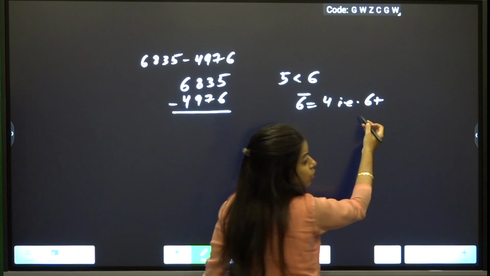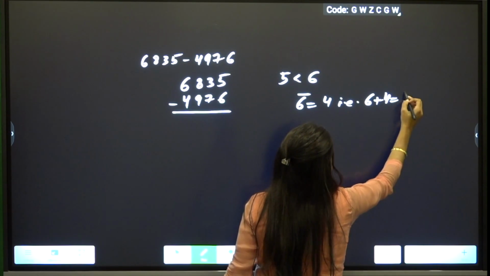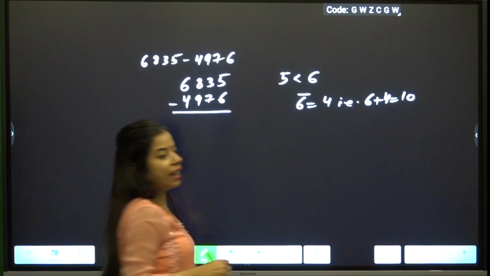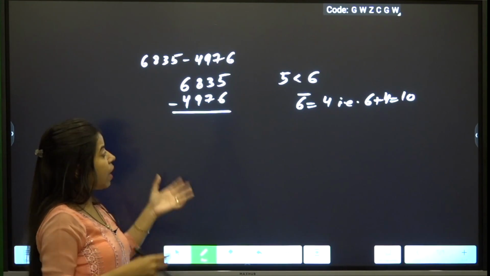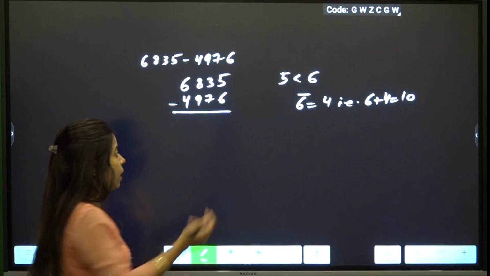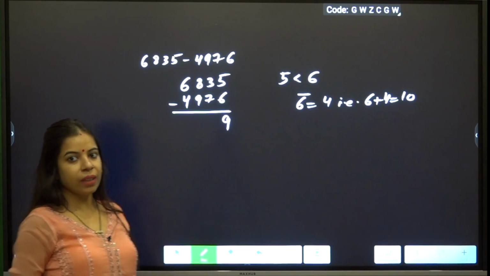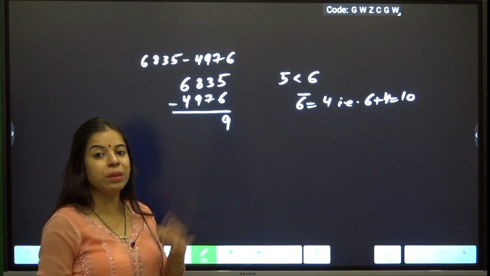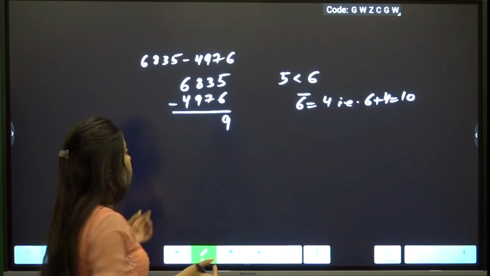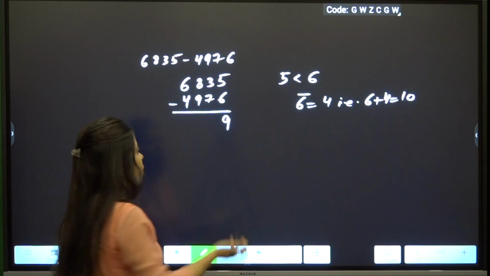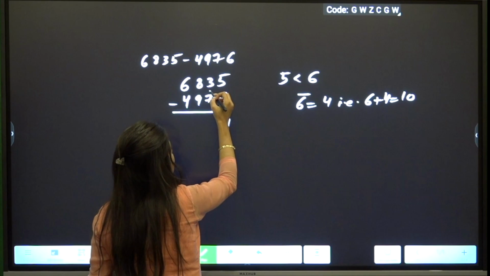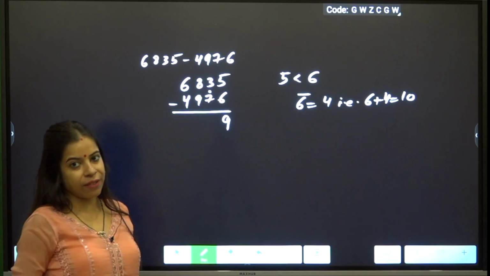What should be added to 6 so that we obtain 10? So now 5 is added to 4, and here we write 9. Since we have called the best friend, we have borrowed a number, so we place a dot above 7.